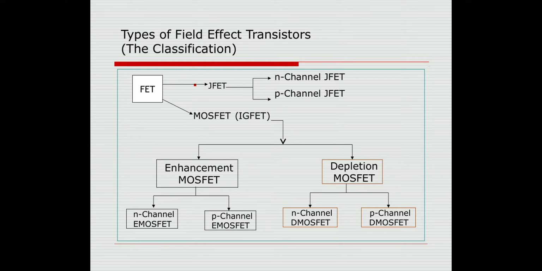It is also known as IGFET, meaning insulated gate field effect transistor. There are mainly two types of MOSFETs, enhancement MOSFET and depletion MOSFET. Further, these two types are divided into N-channel and P-channel. So this is the classification of field effect transistors.